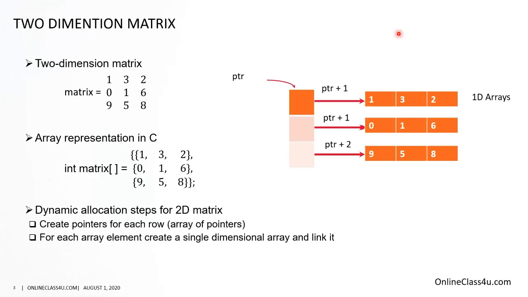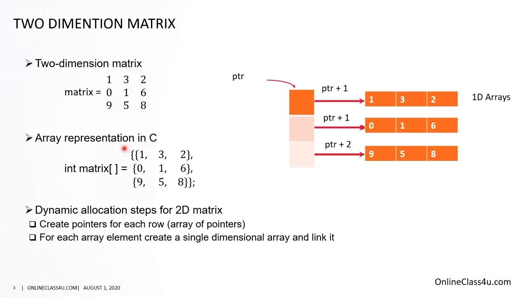Now let's look at the representation of a two-dimensional array and how it is represented in C using an array. In the first diagram, you can see a two-dimensional array where there are 3 rows and 3 columns. The first row, second row, and third row.